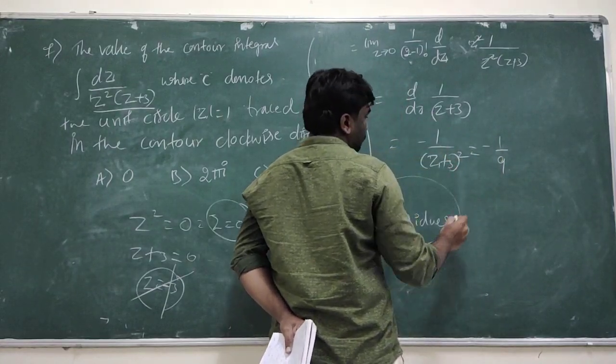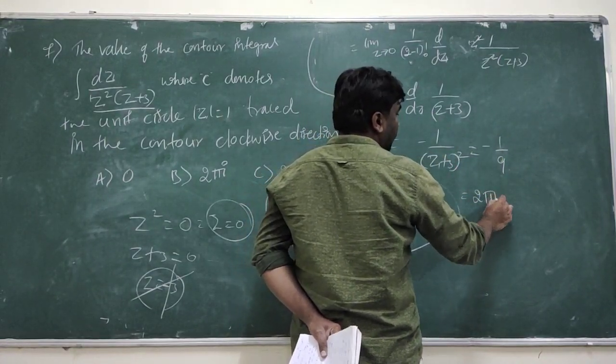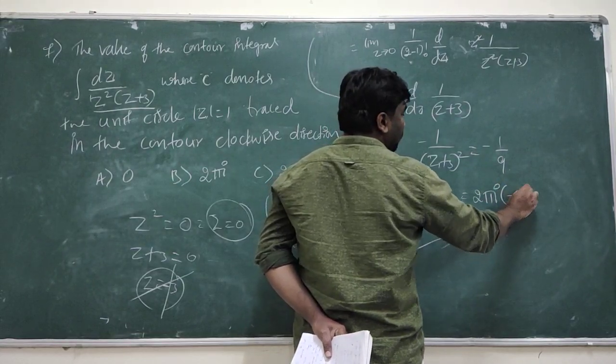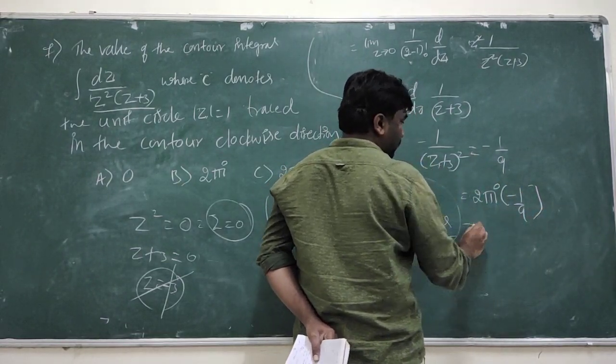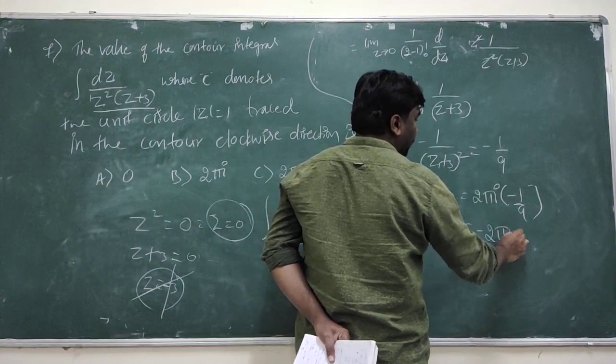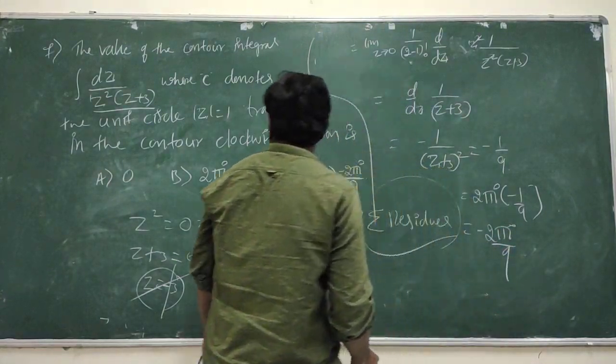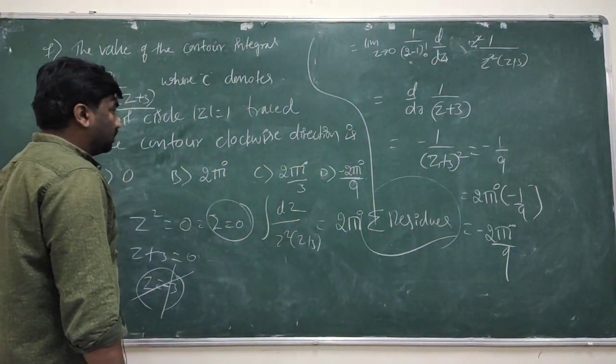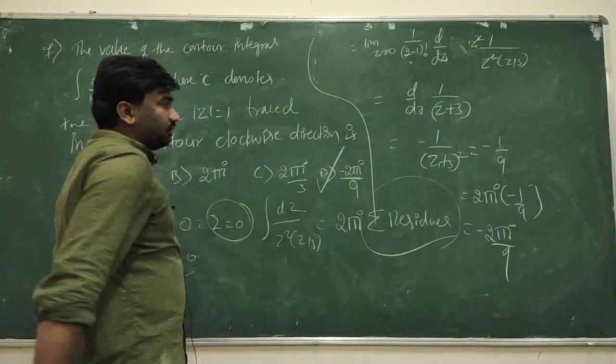And 2 pi i into residue, which is minus 1 by 9. So the answer is minus 2 pi i by 9. So option number D is correct.